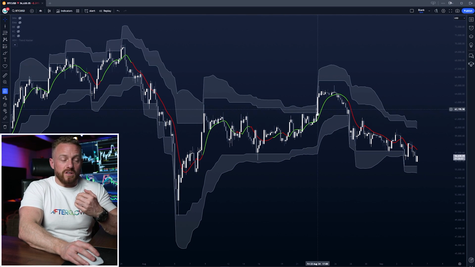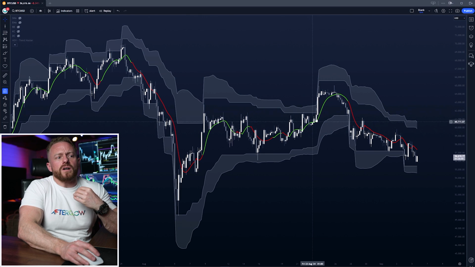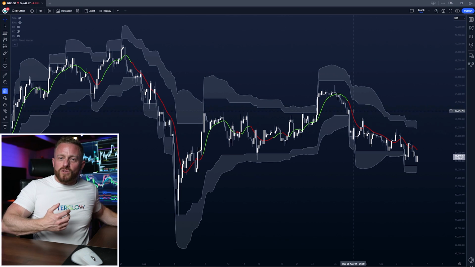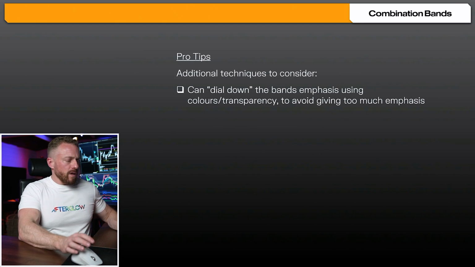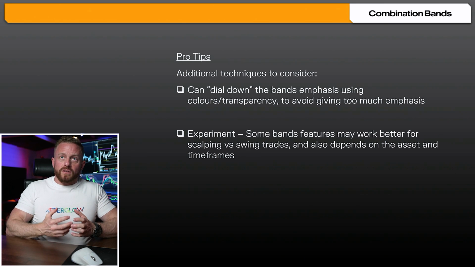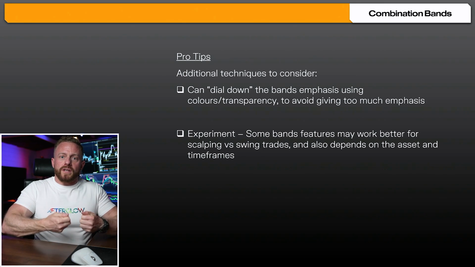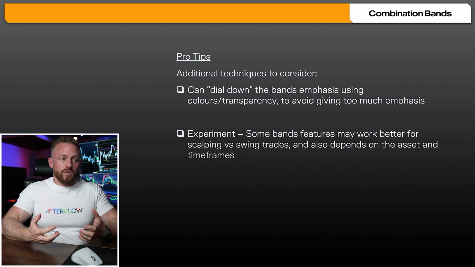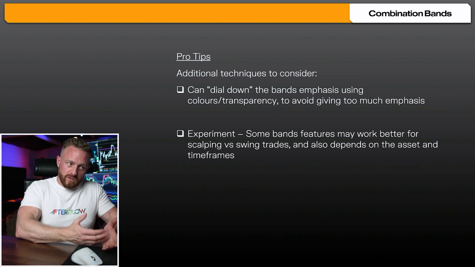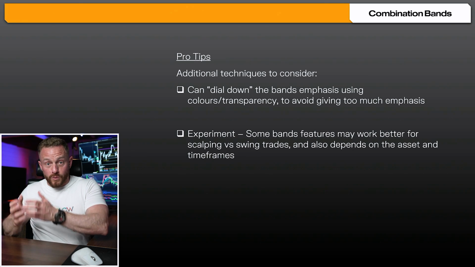And the other nice thing with that is now you can kind of see the trend line shifts a bit better on that moving average from the green to the red. So those visuals can really help. Another thing is, I just encourage you to experiment. This combination cloud is an advanced tool, and you may find that some features work better for scalping and some for swings.